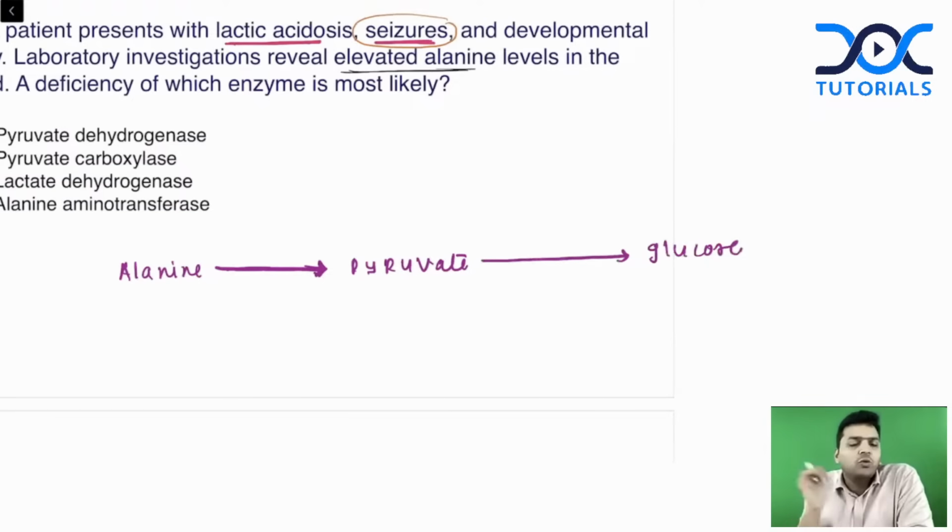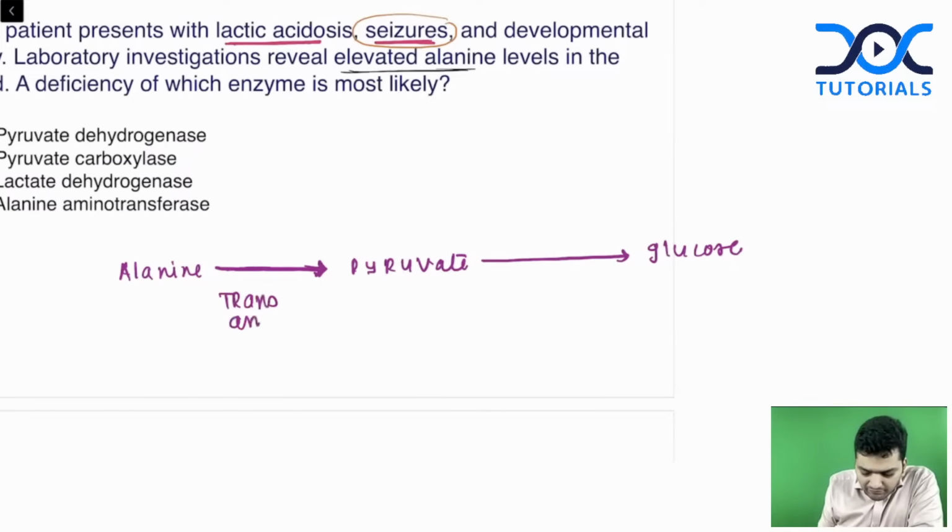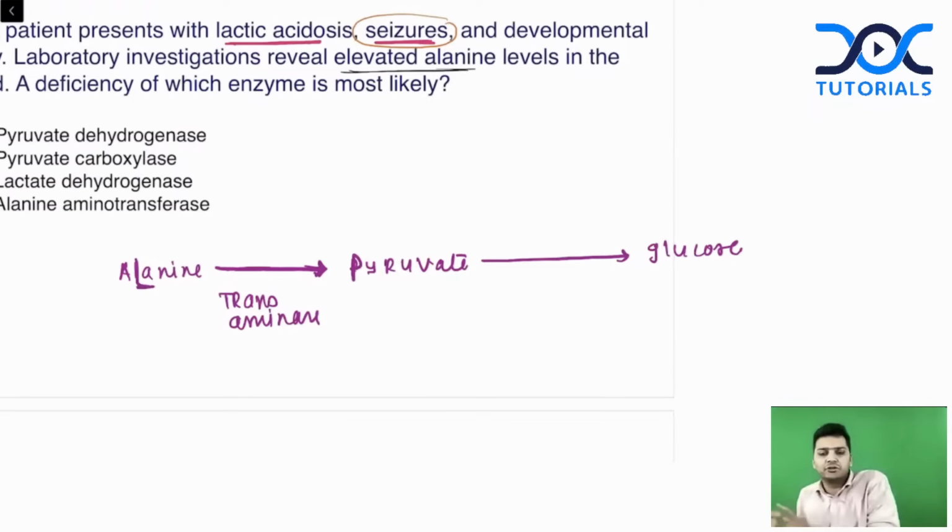This is how gluconeogenesis happens from alanine. Alanine converts into pyruvate with the help of the enzyme transaminase. If you remember the mnemonic that I told you, L stands for alanine, P stands for pyruvate. Alanine converts into pyruvate, pyruvate converts into glucose, and this is called gluconeogenesis.